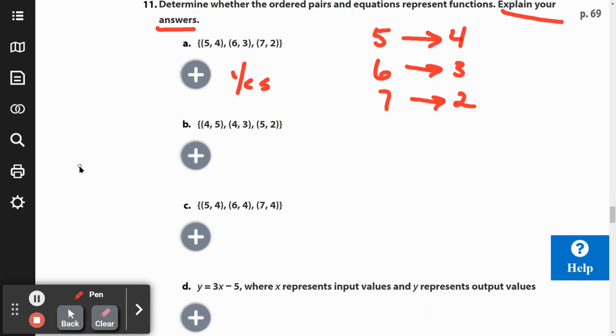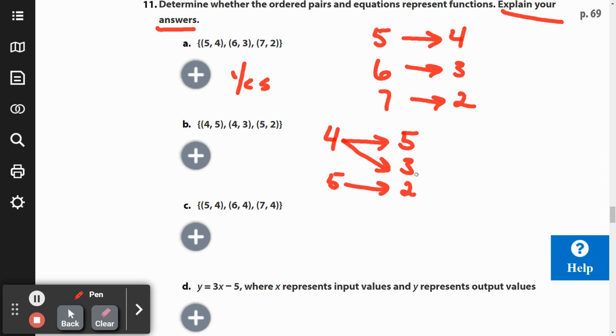All right, let's go back to B. So we have 4 goes to 5. We have 4 goes to 3. And then we have 5 goes to 2. Is this a function? No. Why? Because the input 4 goes to more than one output.